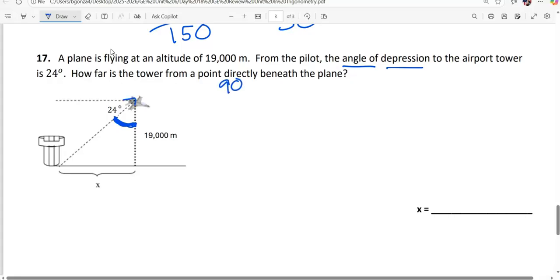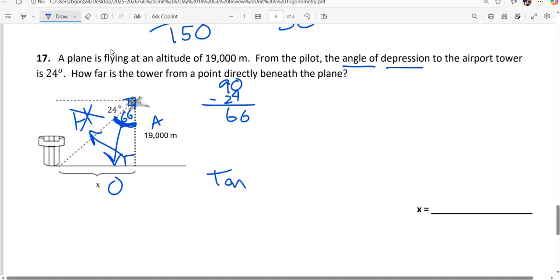You take this right angle, 90, take away the 24 and you get 66 degrees. And now from 66, you can label O, here's 90, H, and A. Cross out that H. OA is tangent, 66, O over A.